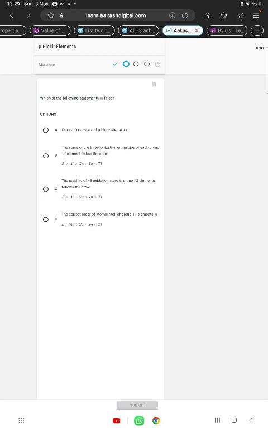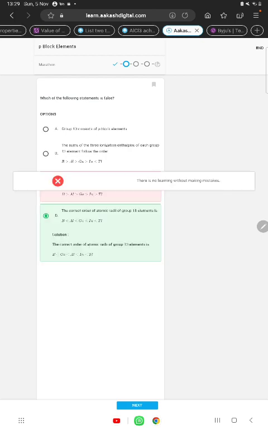The stability of +3 oxidation state follows the order. That is C, it is correct. Oh sorry, I did not see this one. In the last case it is the lowest, less than, that is wrong. Sorry.